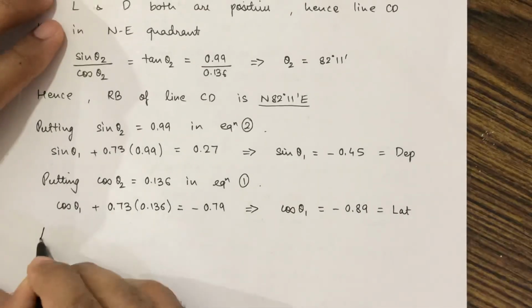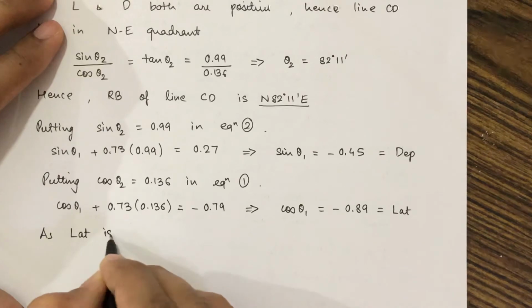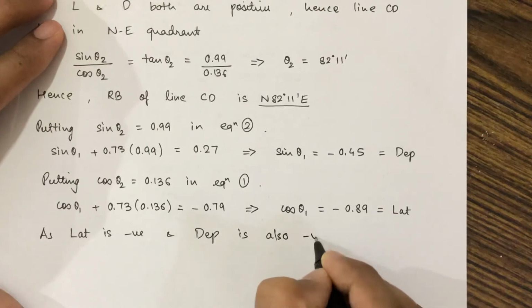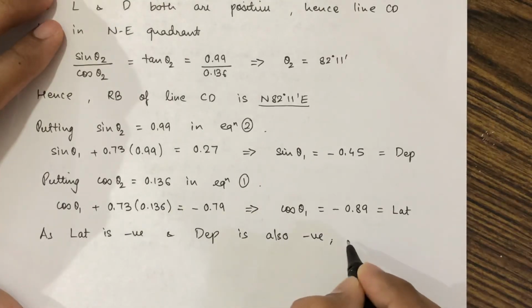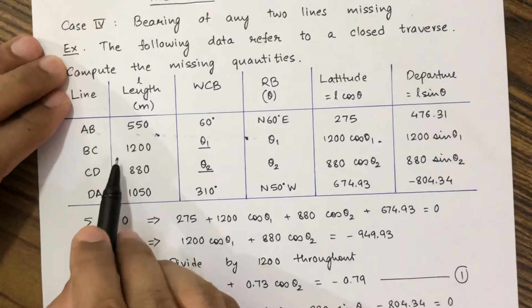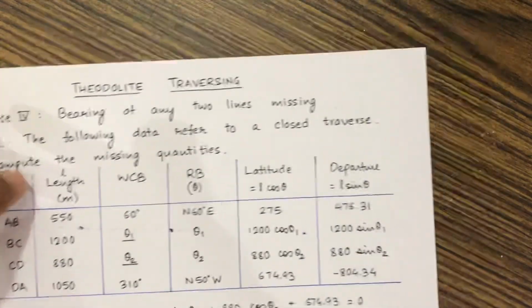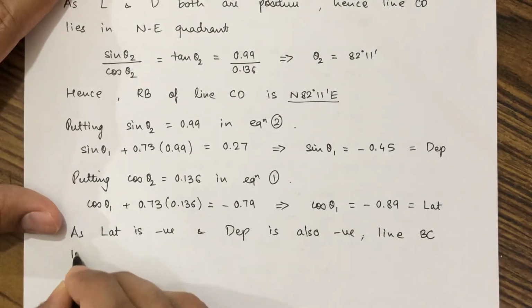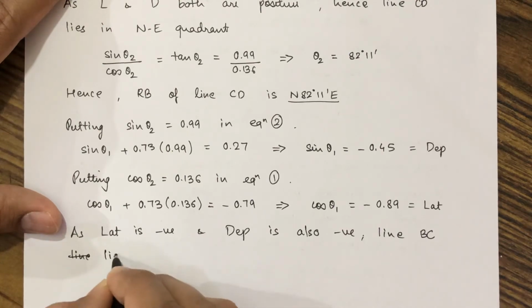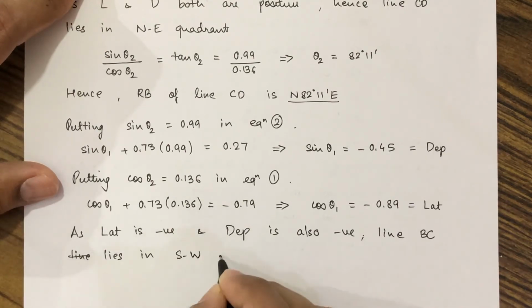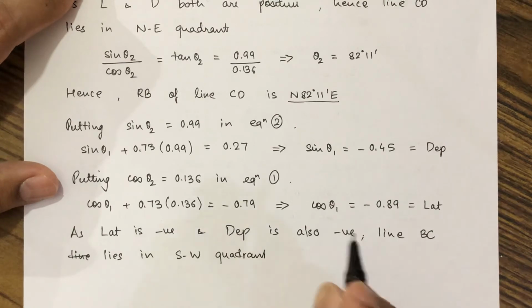As latitude is negative and departure is also negative, line BC, this theta 1 is for line BC, the reduced bearing of line BC, lies in the southwest quadrant, because latitude towards south is negative and departure towards west is negative.